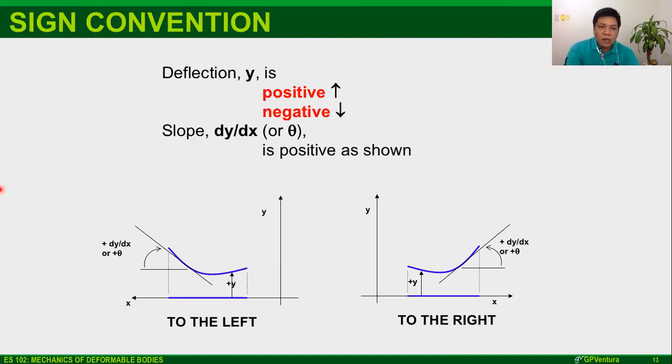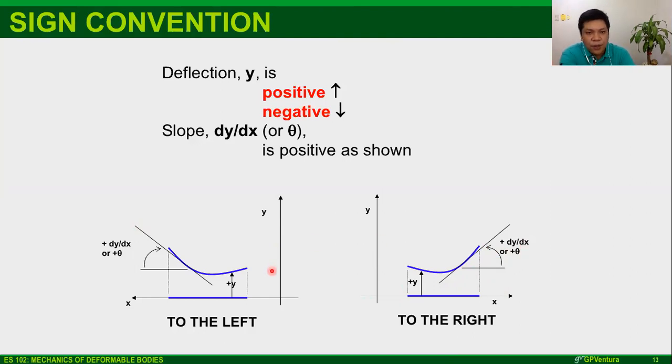Now, how about for slopes, dy over dx or theta? If I have positive to the right as my sign convention, as measured from the horizontal, we always measure the slope from the horizontal as such. If the rotation is counterclockwise, that's a positive slope. If it's clockwise, it's negative.